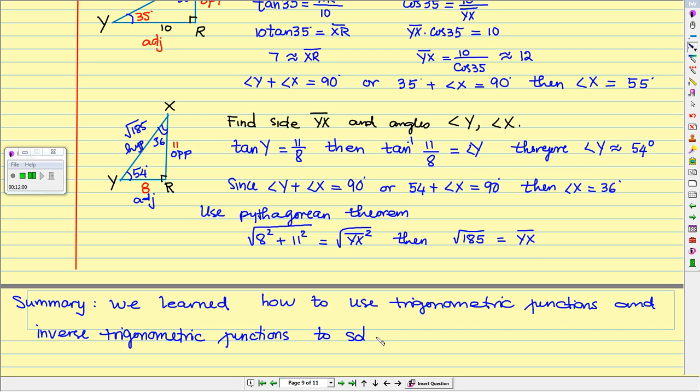When we solve, it means we can find the missing sides or missing angles of a right triangle.